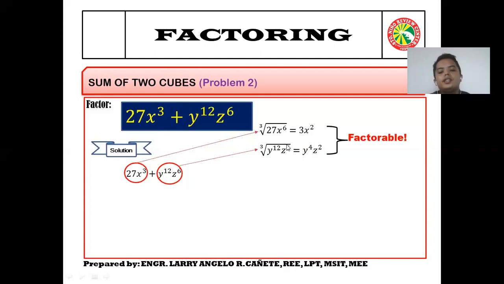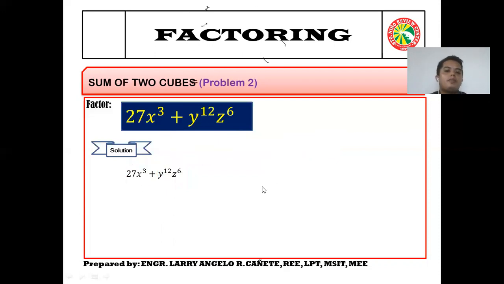So therefore, since this can be cube rooted, this is factorable. So 3x plus y4 z squared times, so the first thing to do is to square the first term, then minus, you multiply 3x and y4 z squared, because these are your first and second terms, and then square the last term.